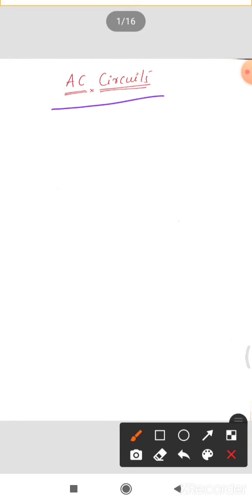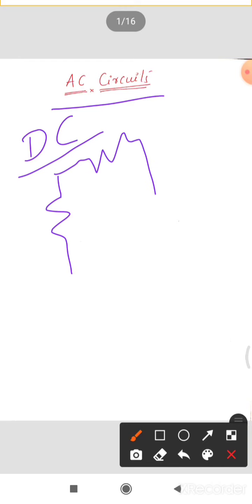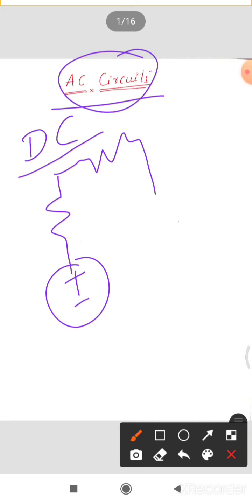What is the difference between AC circuits and DC circuits? Remember only one thing: in DC circuits we have only resistors, along with polarities. In AC circuits we will be dealing with impedance instead of resistance. That impedance may be resistance, inductive reactance, or capacitive reactance.